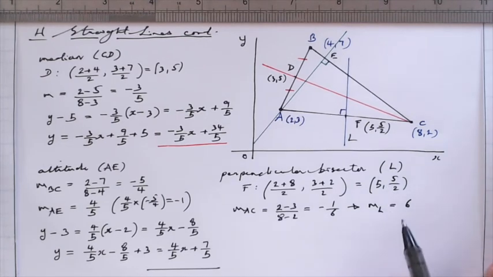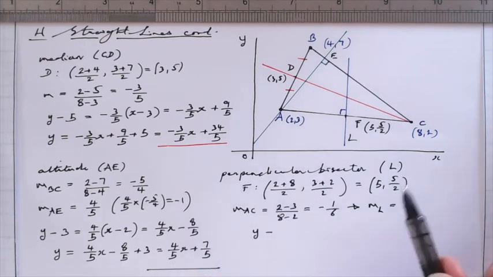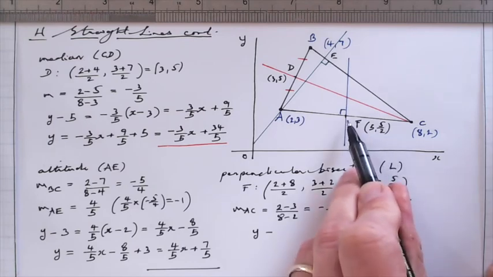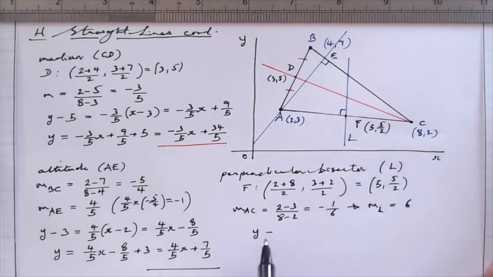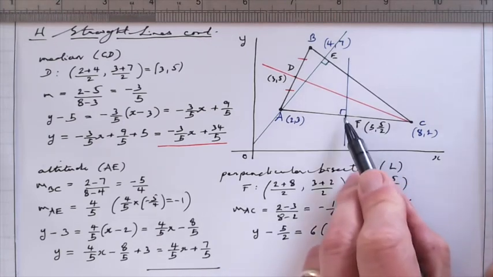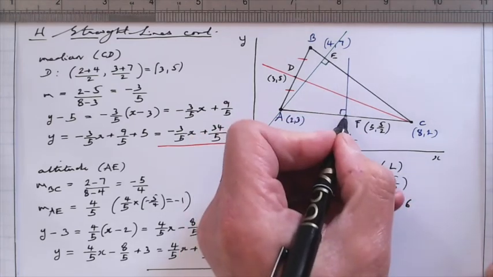Now we're in business. We have the slope of our line, we have a point, it's just handle turning now. So the variable y, take away the y value of the point F through which our perpendicular bisector goes. So it's y take away 5/2 is equal to the slope, which is 6, multiplied by x, take away the x value of this point, which is 5.